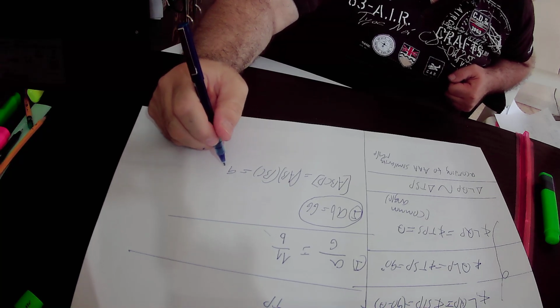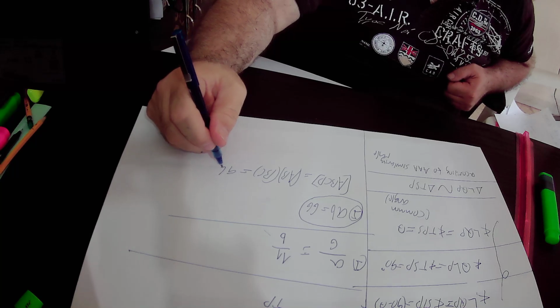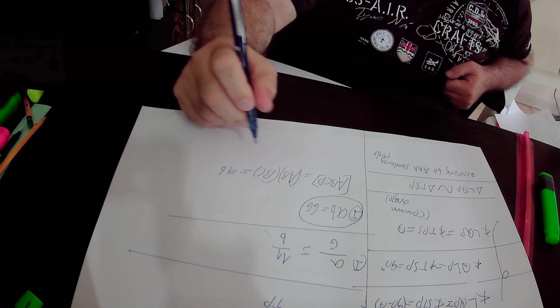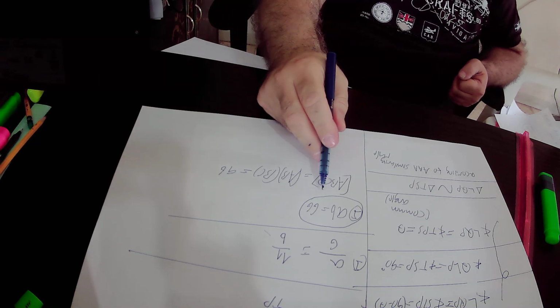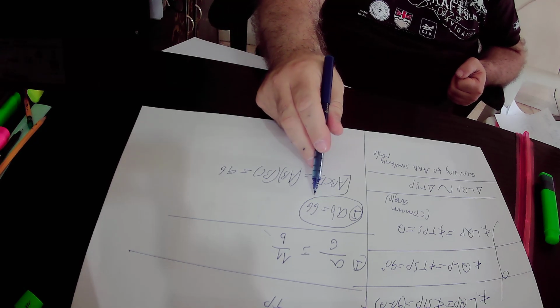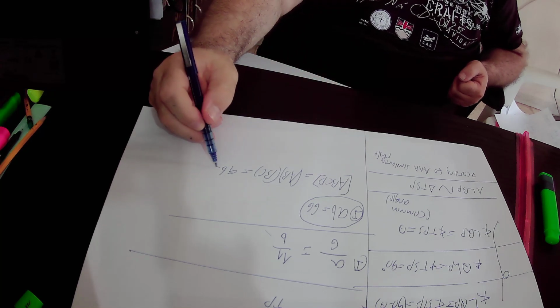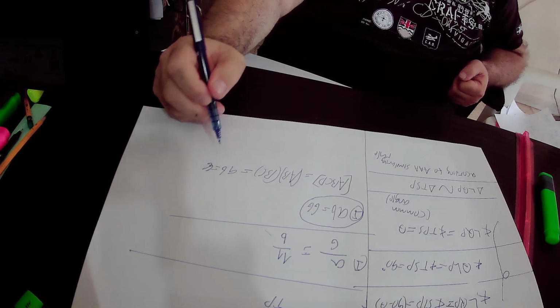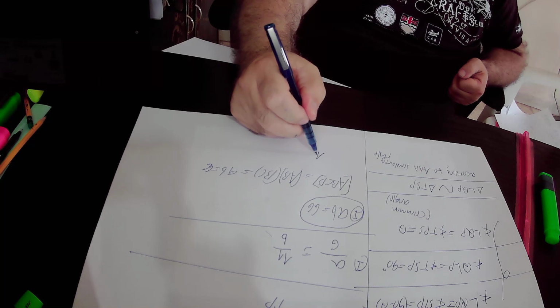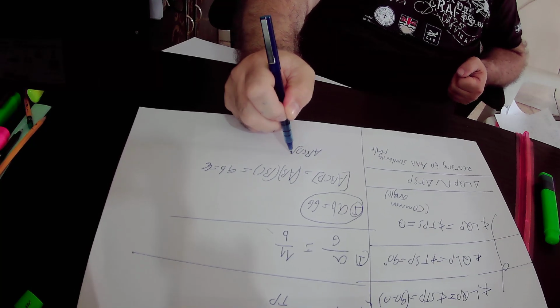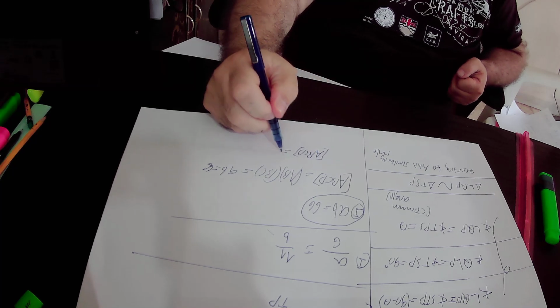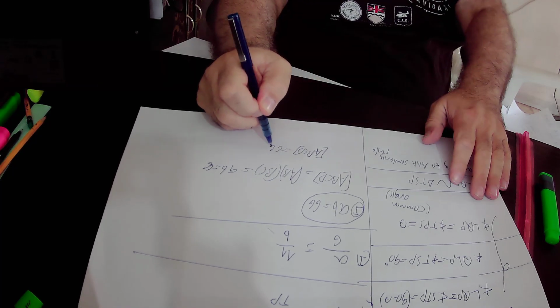The width BC is B according to our definition. So we found out that the area of rectangle ABCD is A times B, but we just found out that A times B equals 66. So we can write here that AB equals 66. In conclusion, the area of rectangle ABCD is equal to 66 square units.